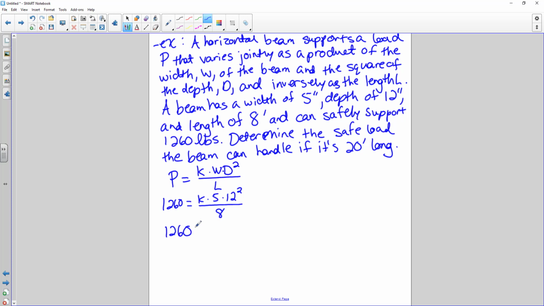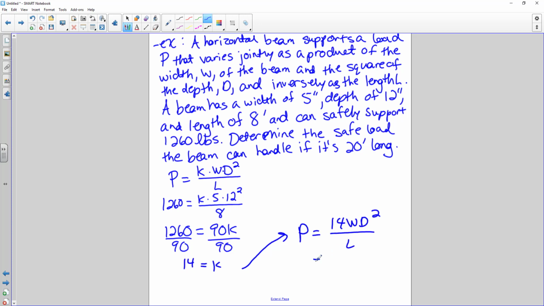So 1260 equals, if I simplify, 5 times 12 squared is 144, divided by 8, that'll be 90K, and I'll have K equals 14. So P equals 14 WD squared divided by the length.